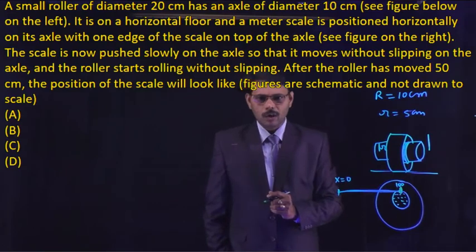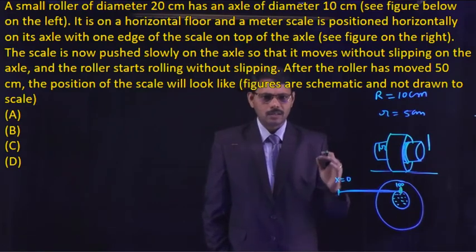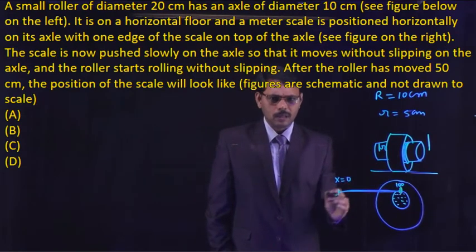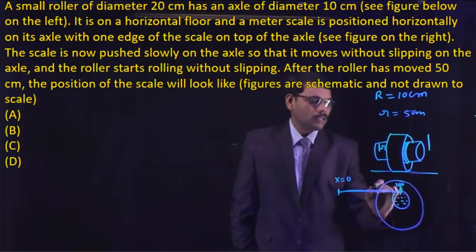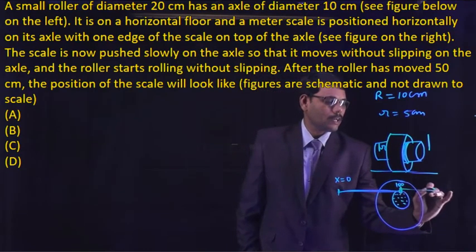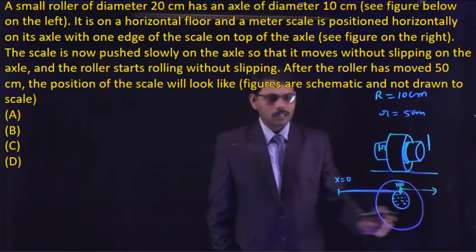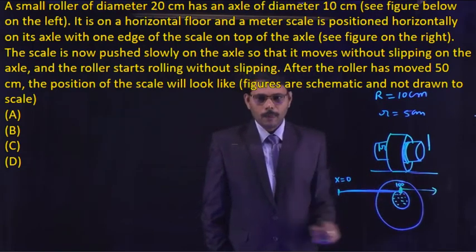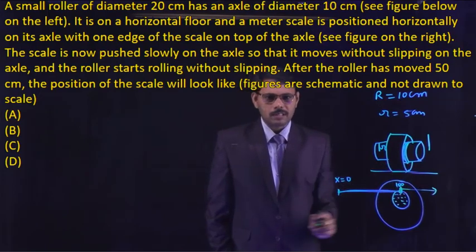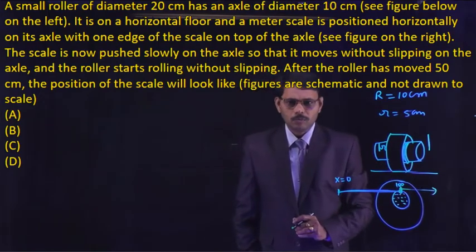The scale is now pushed slowly on the axle so that it moves without slipping on the axle. So when the scale is moved in the forward direction, the axle moves, and so the roller is rolling, and the roller starts rolling without slipping after the roller has moved 50 centimeters.